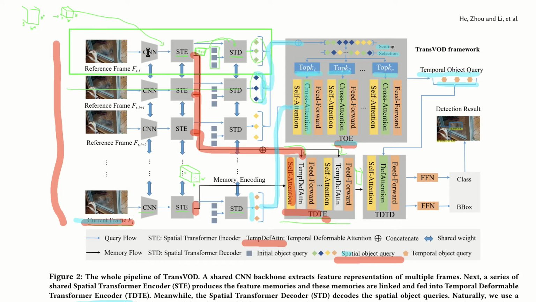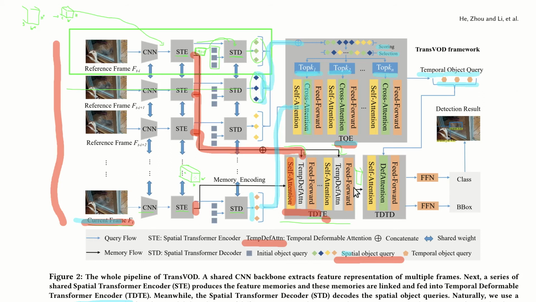We let them all run through a CNN backbone, something like a ResNet, which also reduces resolution. Then we apply a spatial transformer encoder in a deformable way. We do this for each of these frames, and also for the current frame. This current frame acts as a query and tries to attend through time across these different frames to get the features it needs. This module can then also be applied multiple times if needed.